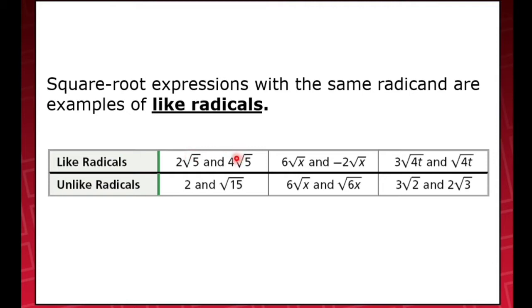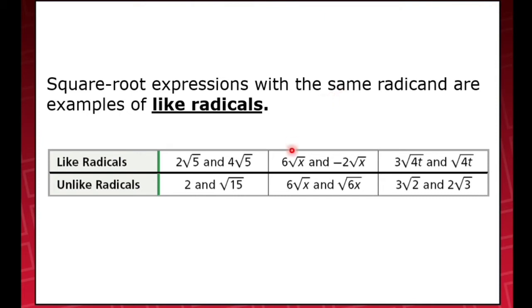The index of the other square root of 5 is also 2. So the two indices are the same, and the radicands, 5 and 5, are also the same. Even if 2 and 4 are not the same, we can still consider these like radicals because their radicand and their indices are the same.